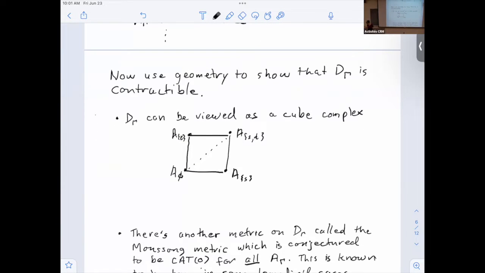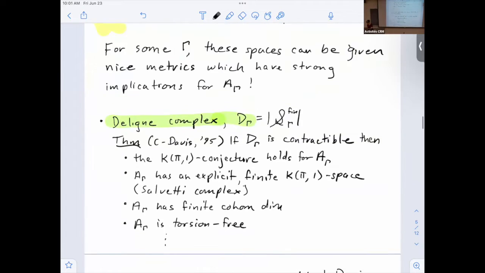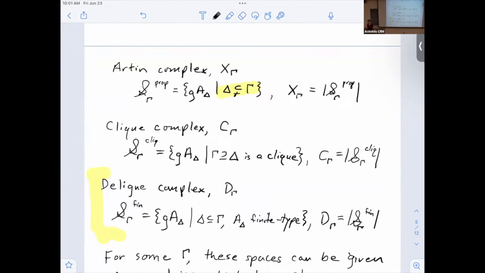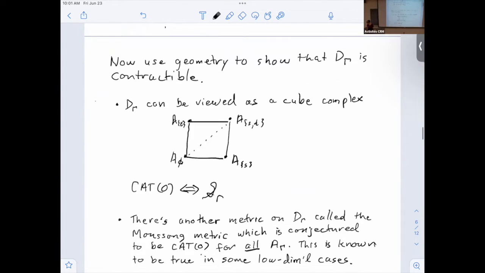Well, it turns out you can just do this. This metric is CAT(0) if and only if the set of, I'll remind you what this is, by the way, the labels on this: prop is for proper subgroups, clique is for cliques, and FIN is for finite type. It turns out that this is if and only if the cliques are the same as the finite type. Let's try that again: this equals this.